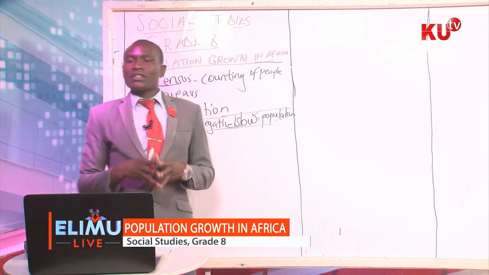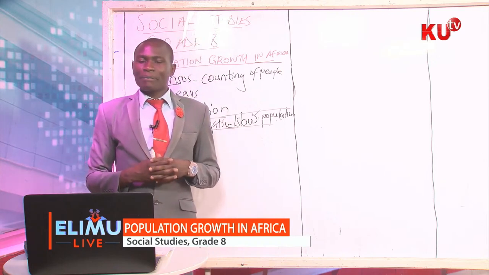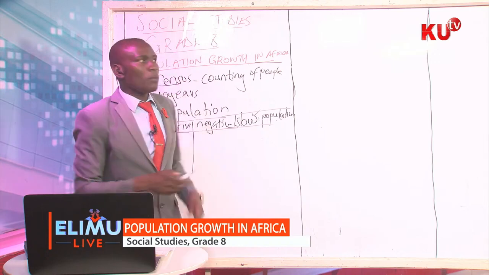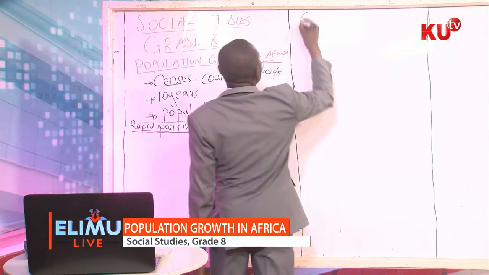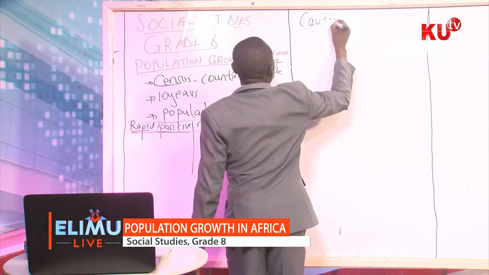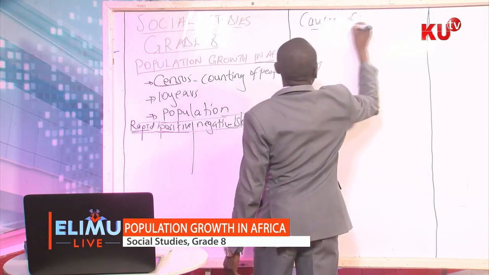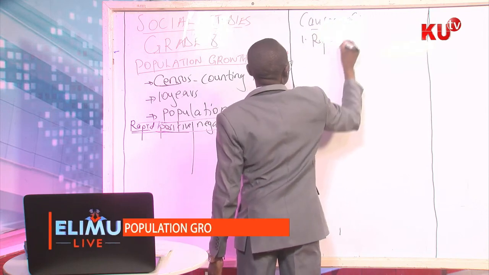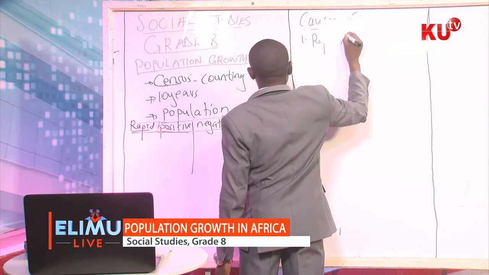What are some of the causes of population growth in Africa? When we will be looking at the causes of population growth, we will be looking at the causes of, one, rapid population growth, which is also known as positive.